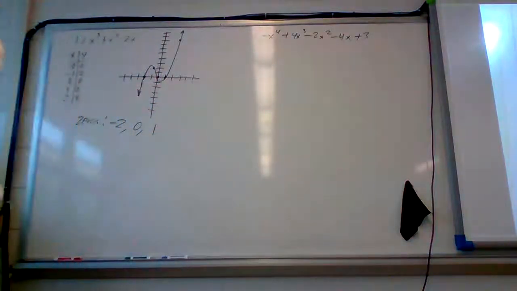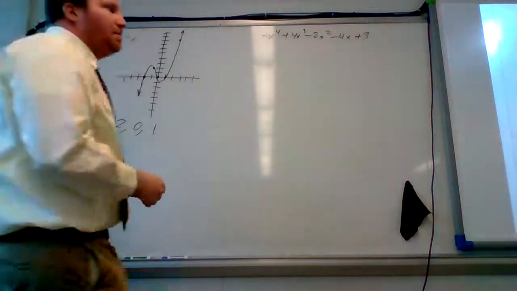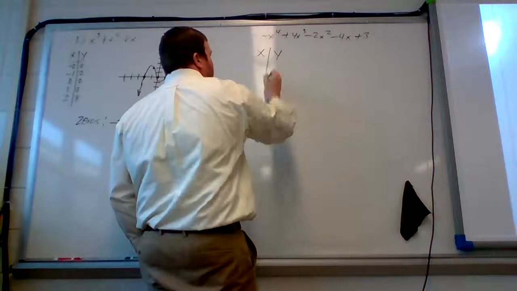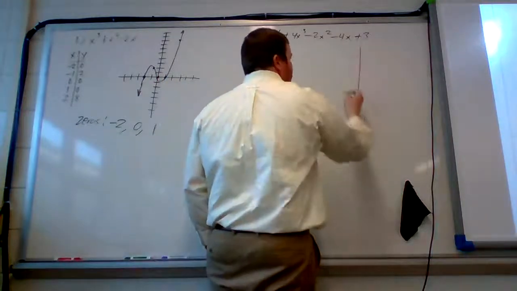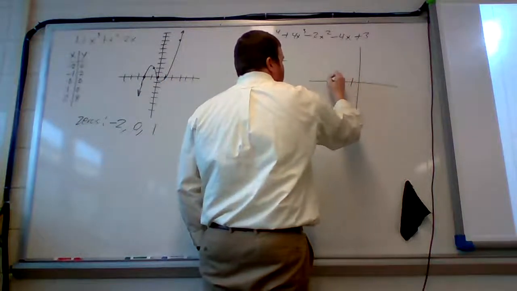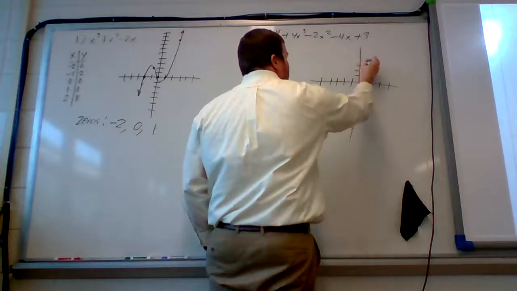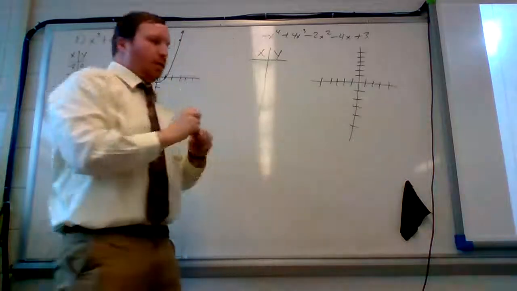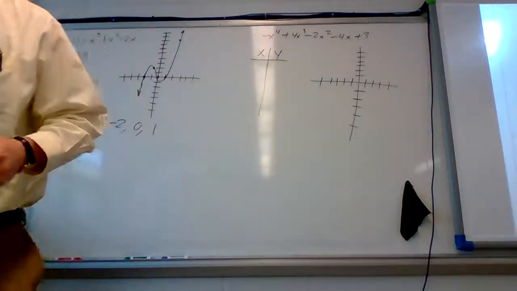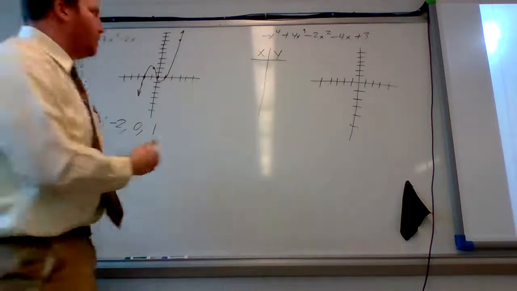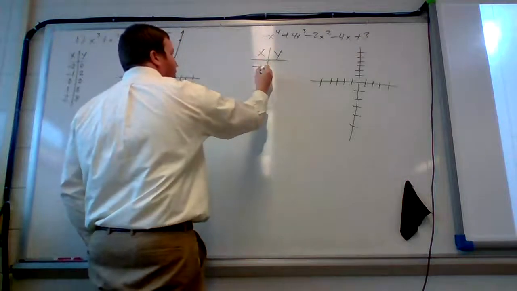So when we're looking at this equation, notice I kind of have an M shape on my graph. Again, we still want to start off with our XY table. We want to be able to grab points to then put onto our graph. So again, second table. This time it looks like I can go from -1 to 3 on my X values.